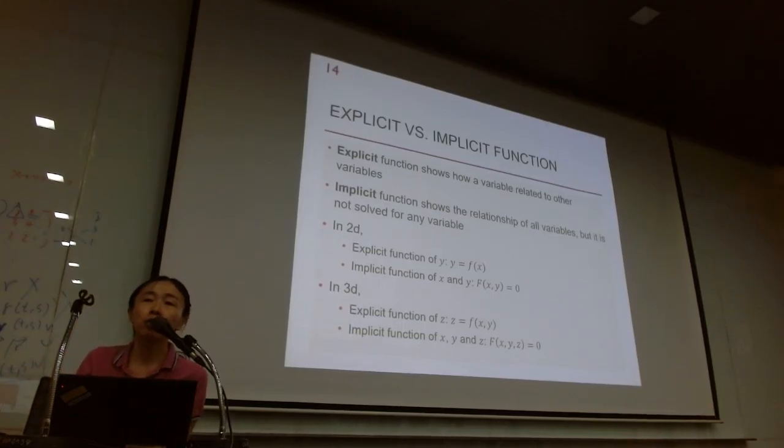Implicit is that you do not show which one is dependent variable, which one is independent. So in 2D, this one is explicit. You say y is dependent, so F is a function of independent variable. We use small f, explicit equation with small f.